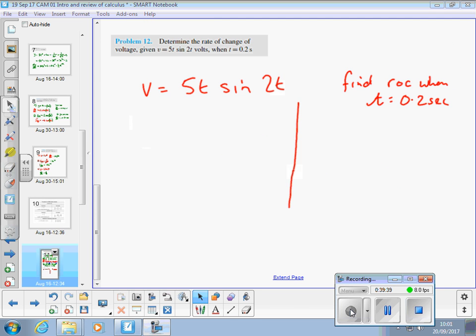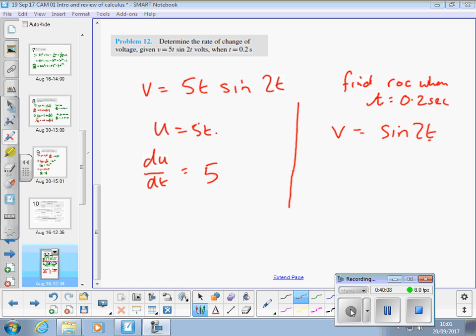Right guys, what are we going to do with this? du by dt, therefore v must be sine 2t, dv by dt is equal to 2 cos 2t.